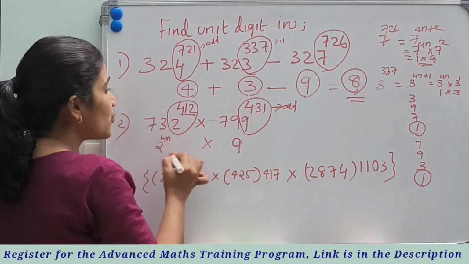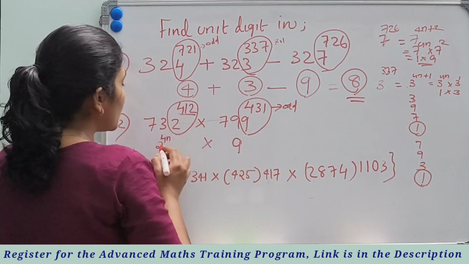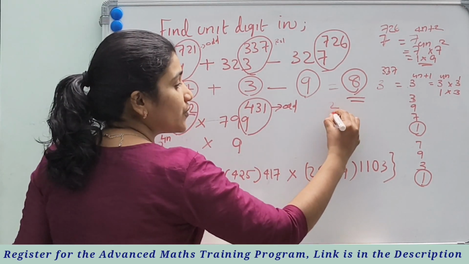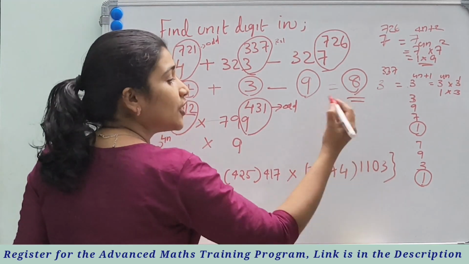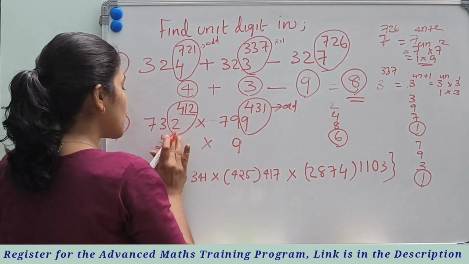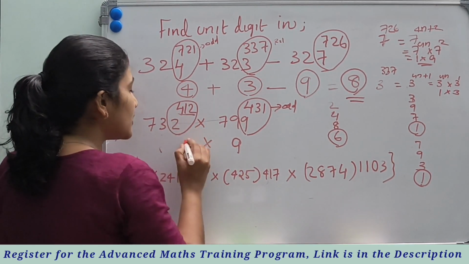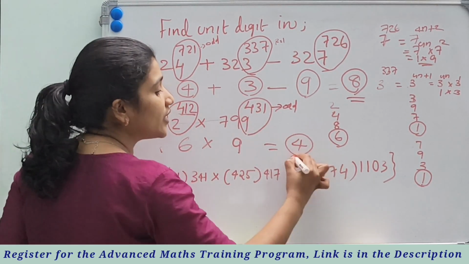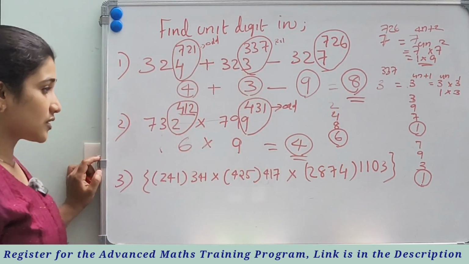Which means in 2 raised to 4n, what is the unit digit? 2 raised to 1 is 2, 2 raised to 2 is 4, 2 cube is 8 and 2 raised to 4 is equal to 8 into 2, 16. So 6 is the unit digit. So in 2 raised to 4n, our unit digit is 6. 6 into 9 is 54. So 4 is the unit digit in the second expression.